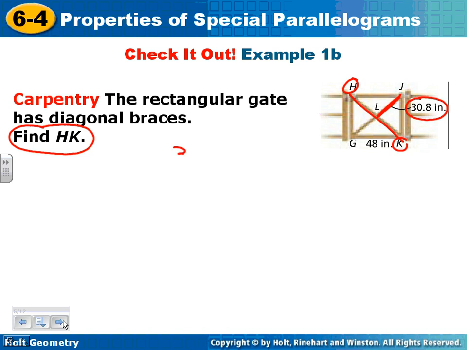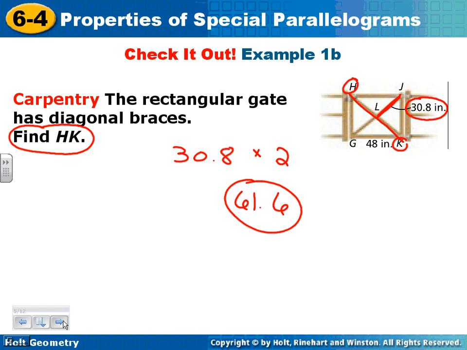So if a half is 30.8, I want to find the whole, I would multiply it by 2. And that would be 61.6, sorry. 61.6. 30.8 times 2.